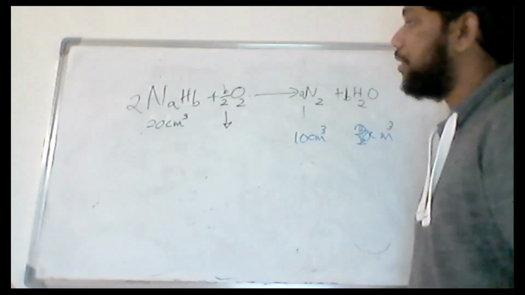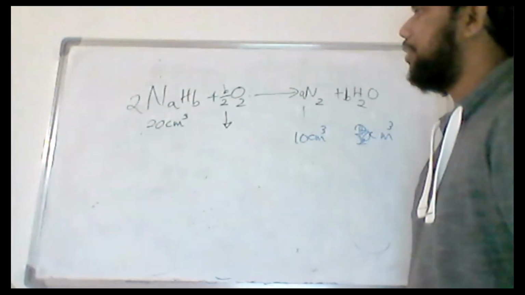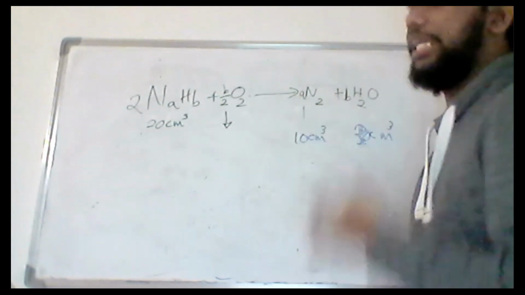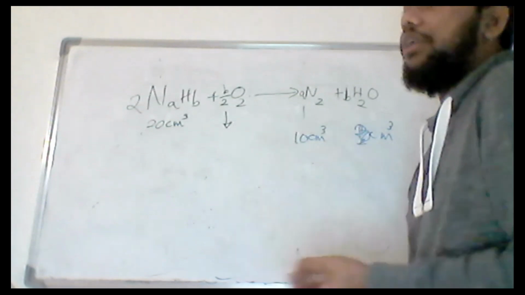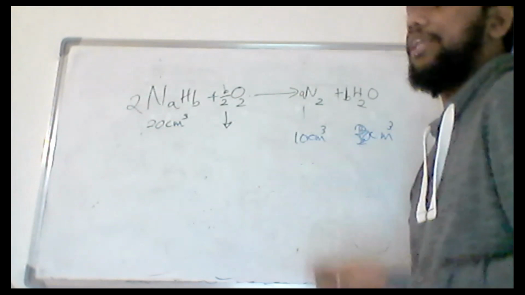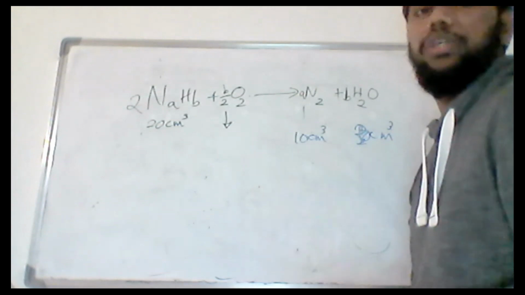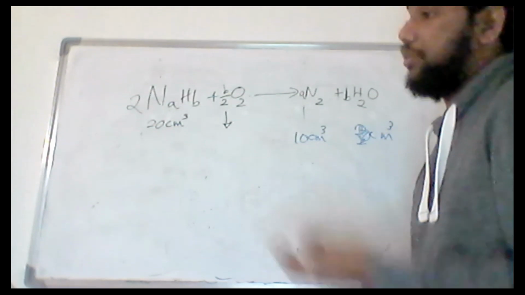So how to find this A and B? The only possible way is to think of the Avogadro concept, where equal volumes of different gases will have the same number of moles at constant temperature and pressure.